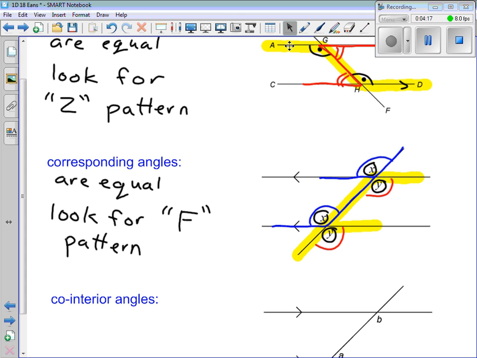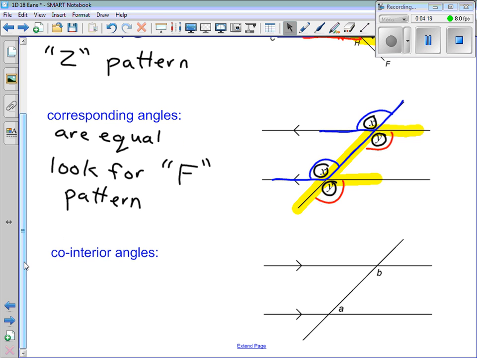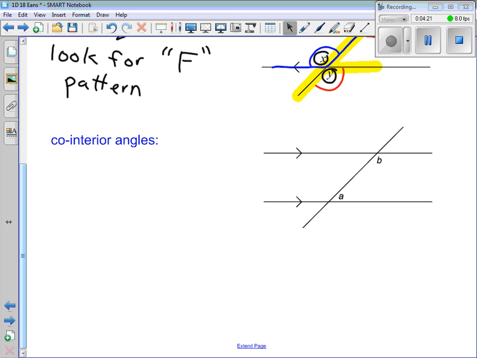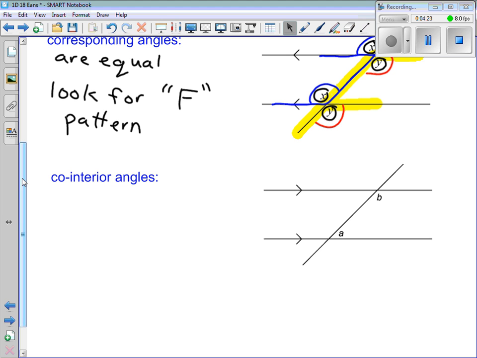The third relationship you need to know are what are called co-interior angles. Co-interior angles also form sort of a letter pattern. They form kind of a C pattern here. So let's use the highlighter again. If I go like this, this, this, we've got a little letter C there. Okay?